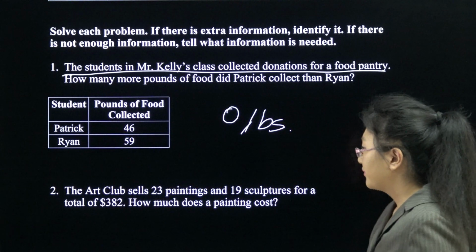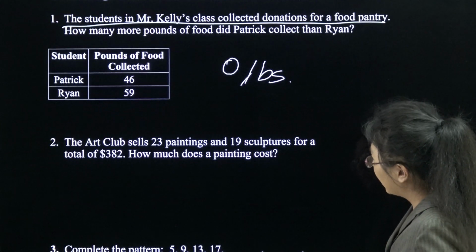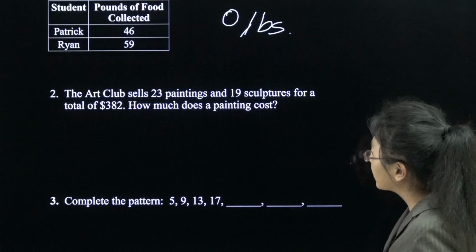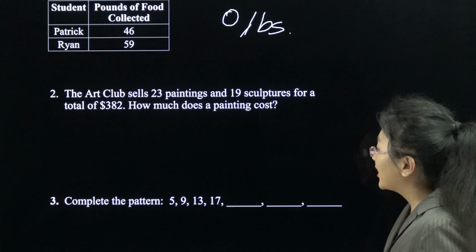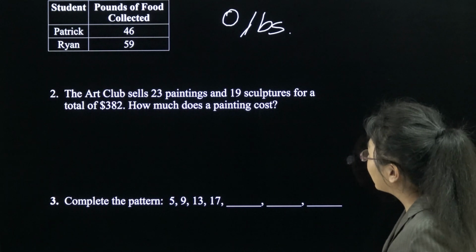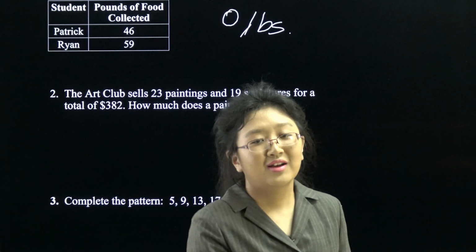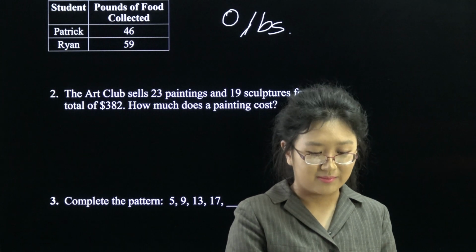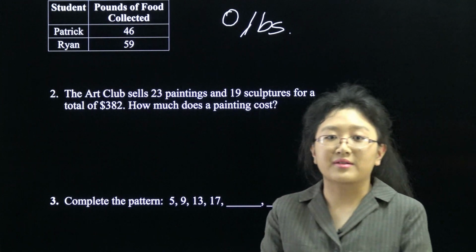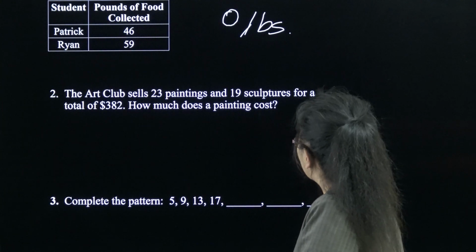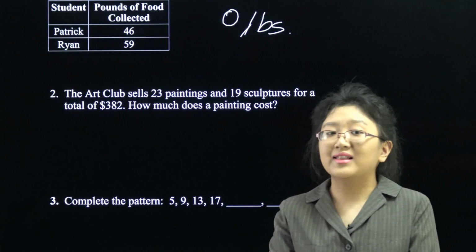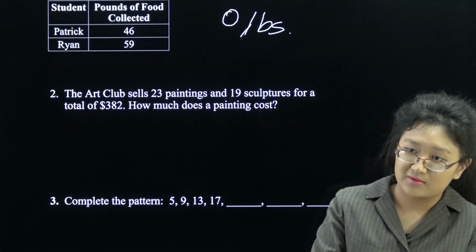The art club sells 23 paintings and 19 sculptures for a total of $382. How much does a painting cost? We're missing information for this. Because if we want to know how much a painting costs, we need to at least know how much a sculpture costs.